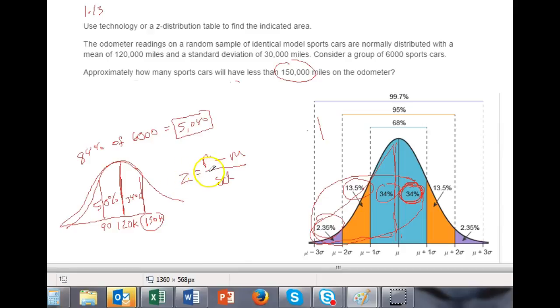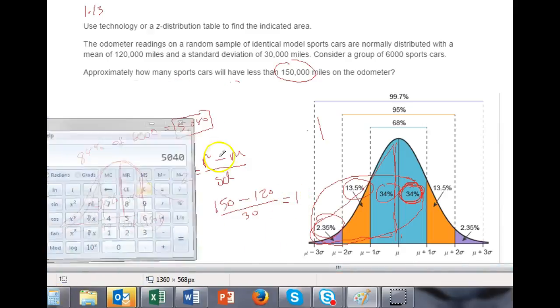That's z equals. Okay, so the raw score was 150,000 minus the mean, which is 120,000, divided by the standard deviation, which is 30,000. And it turns out 150 minus 120 is 30, divided by 30 is 1. So the z-score is 1. So, whoops, wrong button.